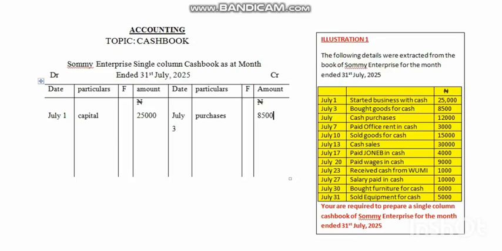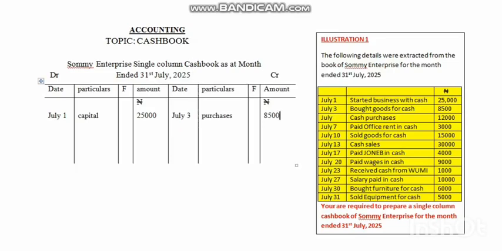Then what happened again? On July 5th, cash purchases. So cash purchases means the cash spent on the purchase of an item, the cash spent in order to buy goods.